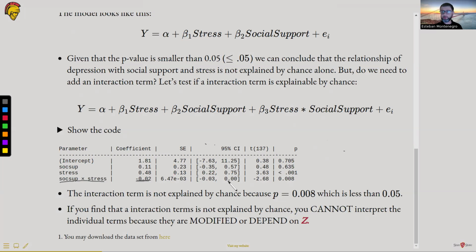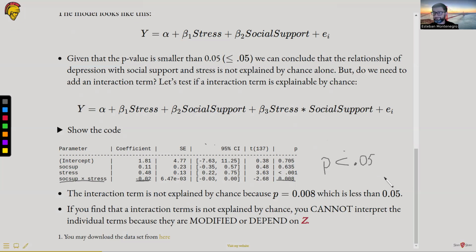But in this table, the most important part is this p-value right here. This p-value is telling us that this interaction is not explained by chance. Look at the p-value. It's way less than 0.05, right?